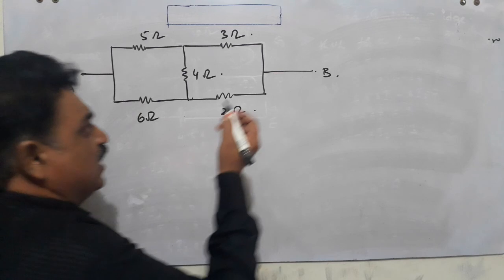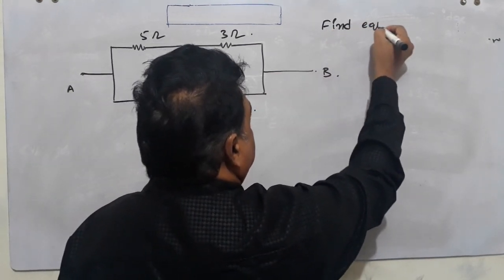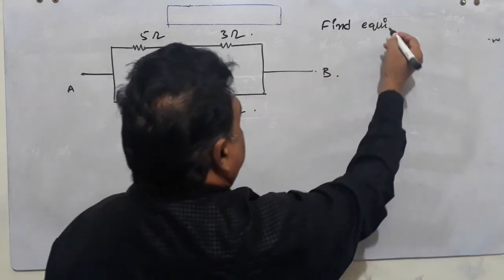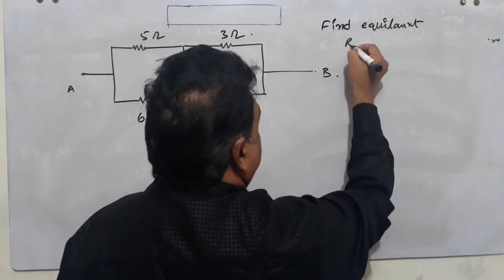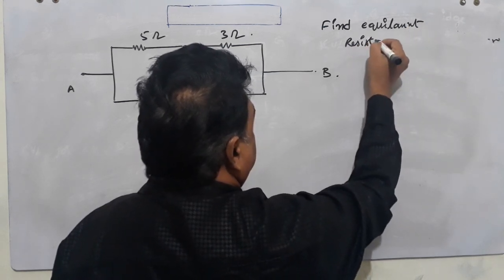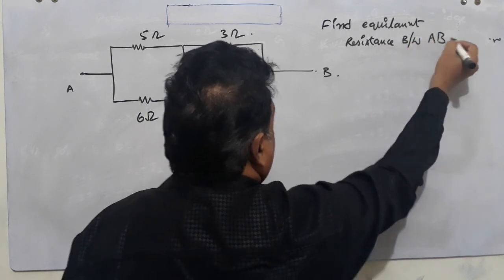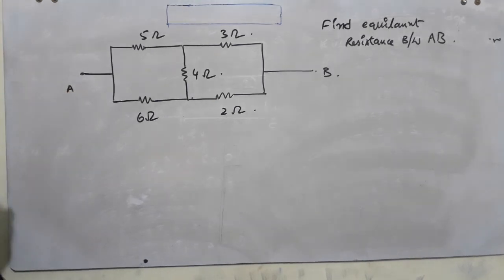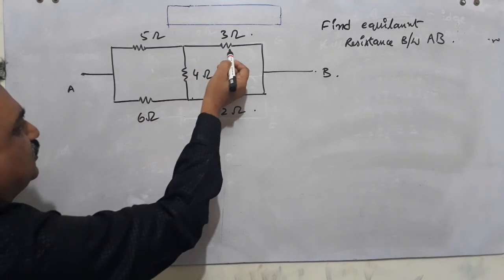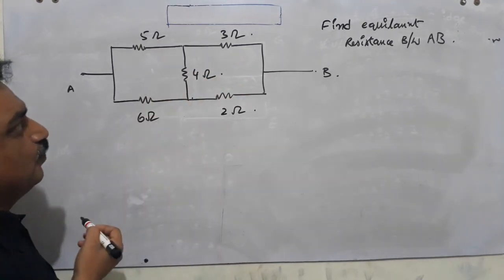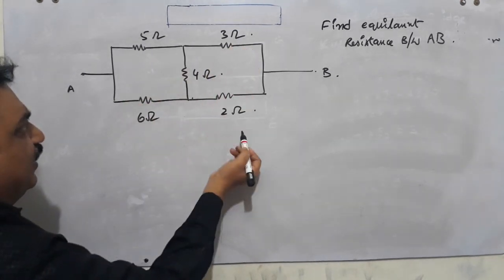In this problem, you are asked to find the equivalent resistance between A and B. See here, this is 5, this is 6, this is 3, this is 2. If you take this one as P, this one as Q, R and S.